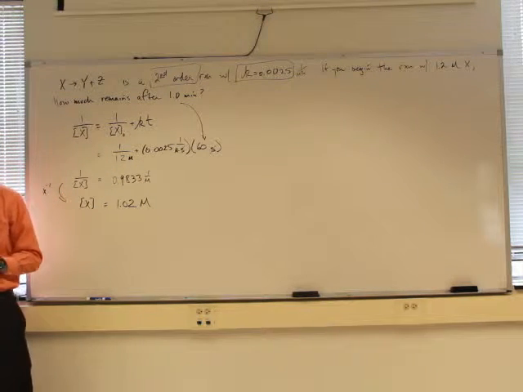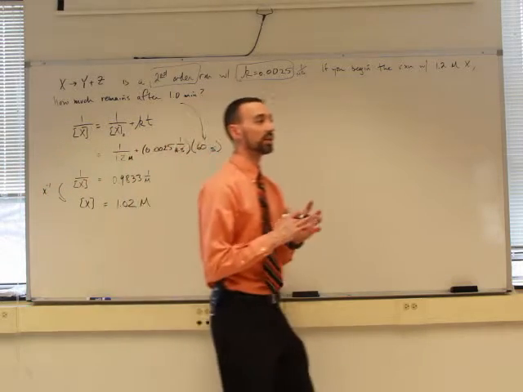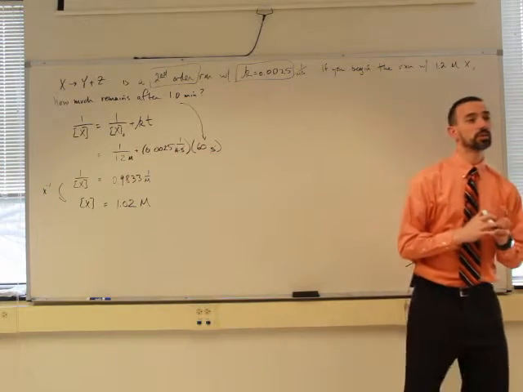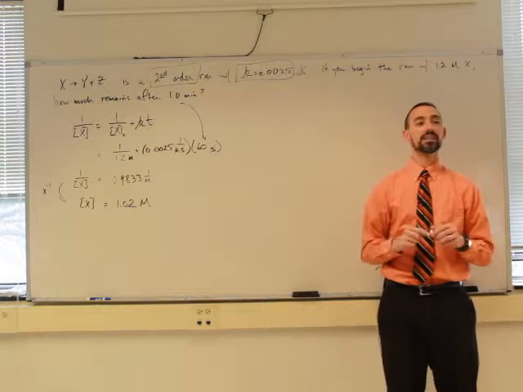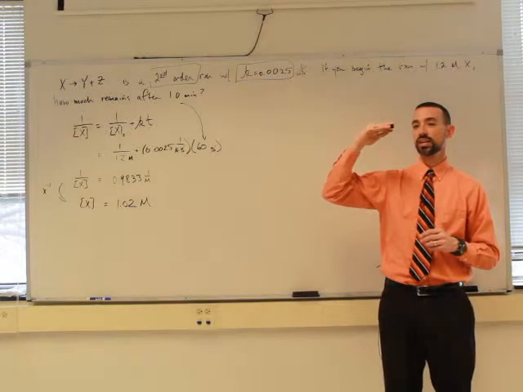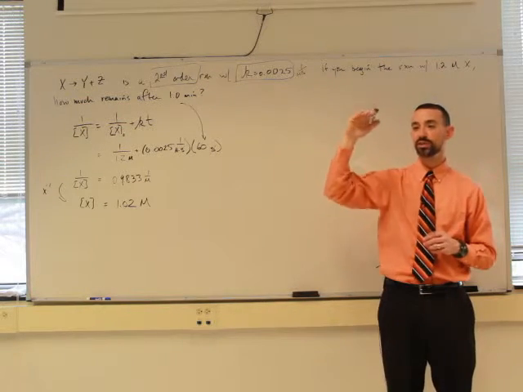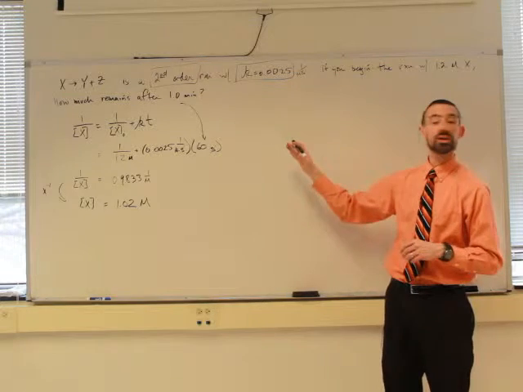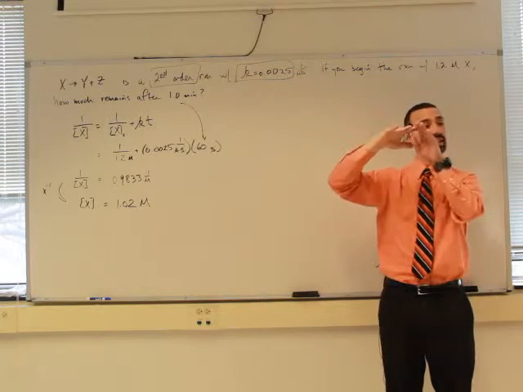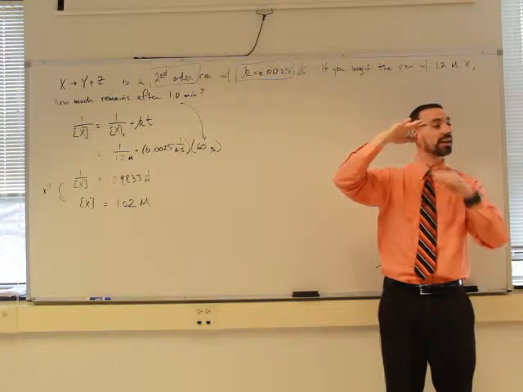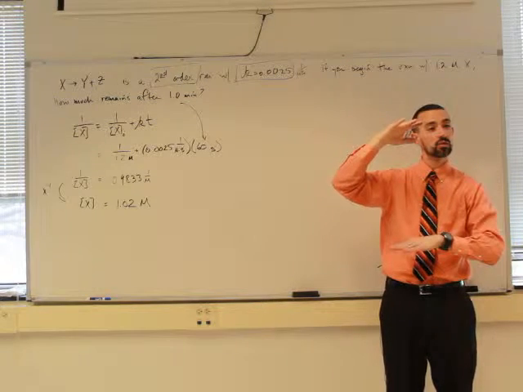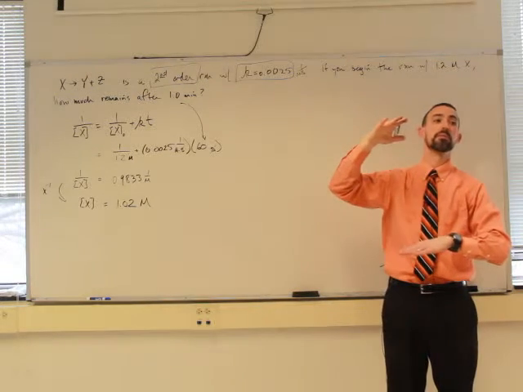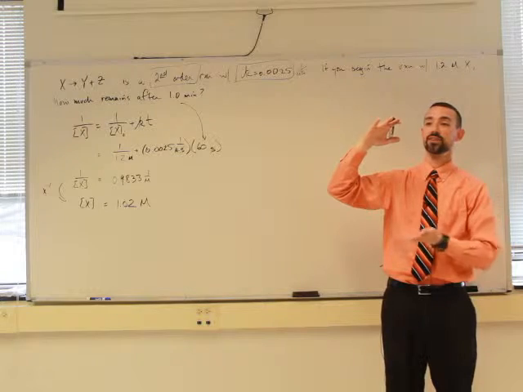Okay? Now you get some idea of what your answer should be when you're doing kinetics problems. Because the reactant concentration never increases. It always goes down. So if you're asked a question like this, it's always going to be less than what you started with and greater than what? What's the minimum amount it could ever be? 0, right?